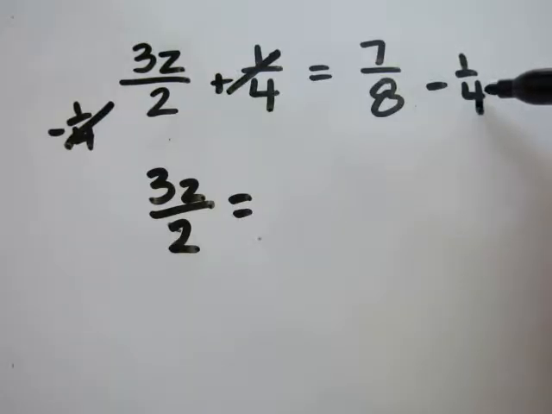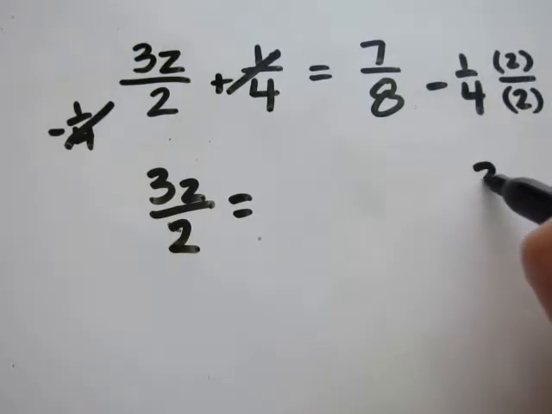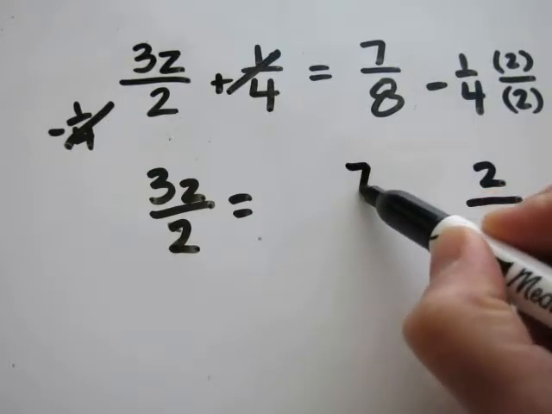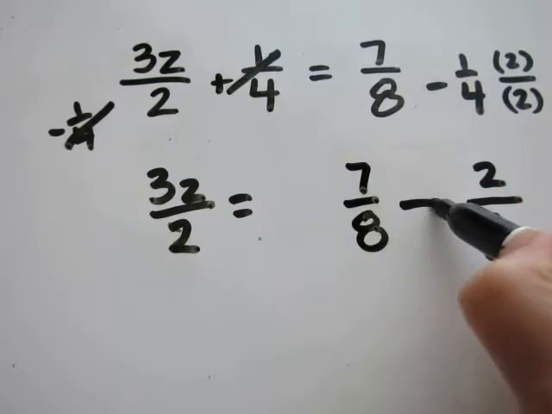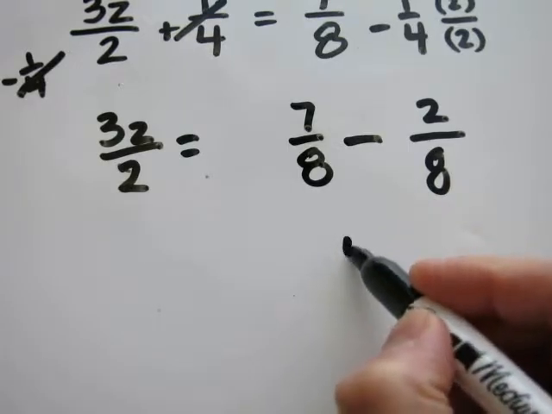I'm going to have a common denominator since I'm dealing with subtracting fractions. 4 times 2 is 8, so multiply 2 over 2. 1 times 2 is 2. 4 times 2 is 8. 7 minus 2 is 5.